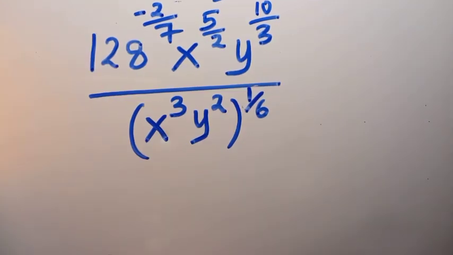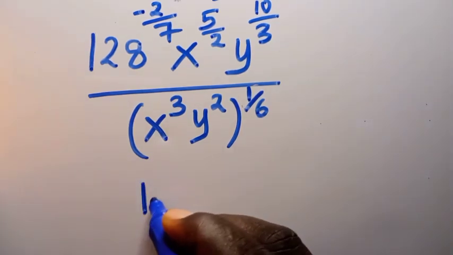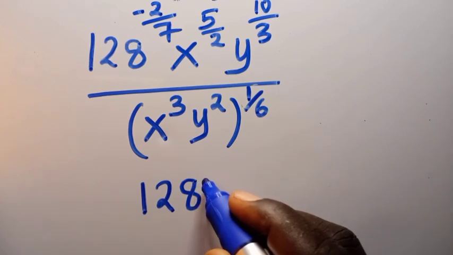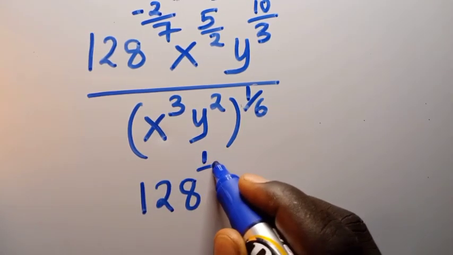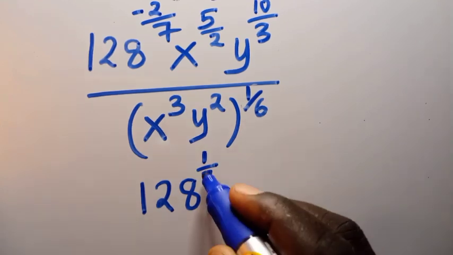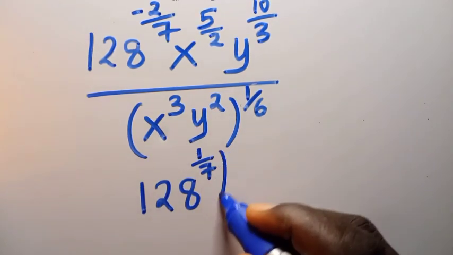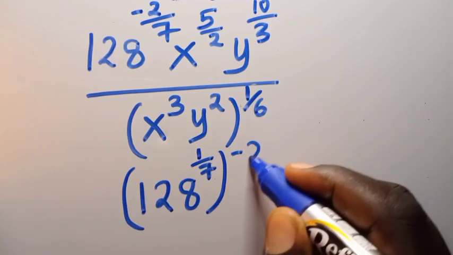128 raised to negative 2 over 7 is like if I write 128 raised to 1 over 7, then we close the bracket, raised to negative 2.